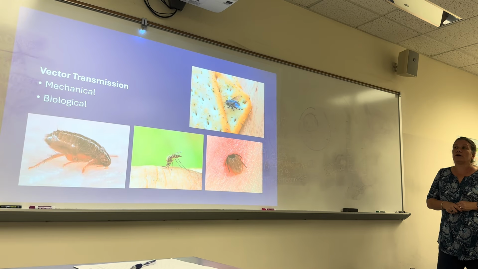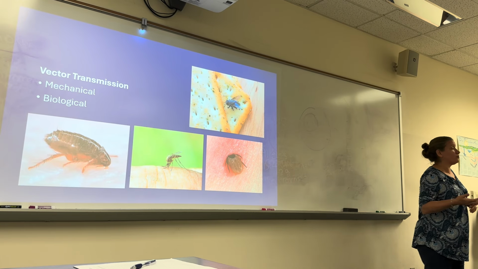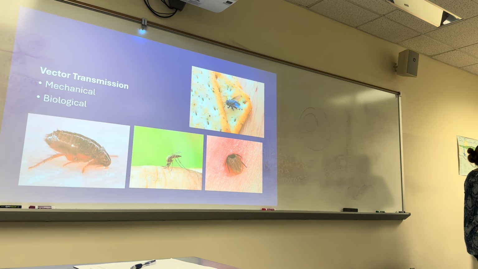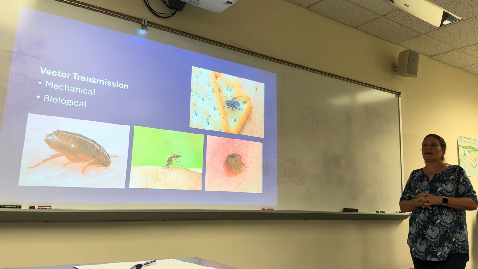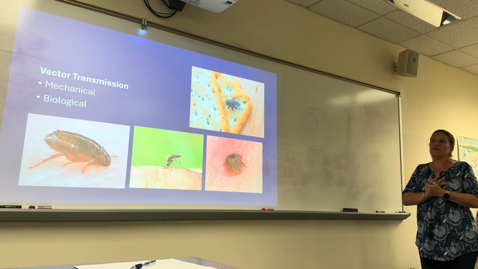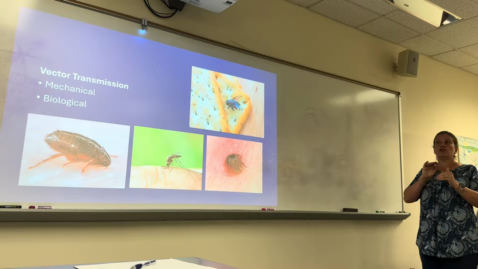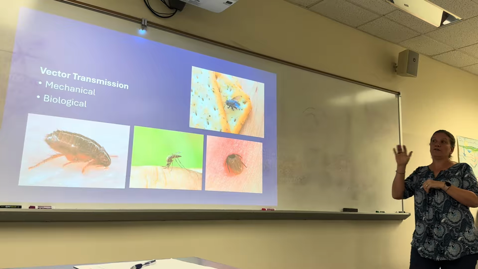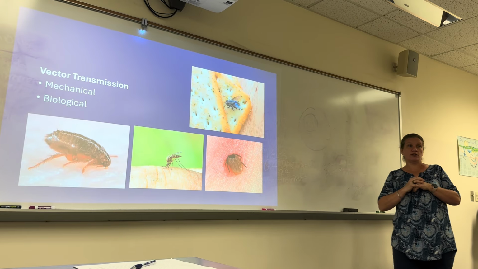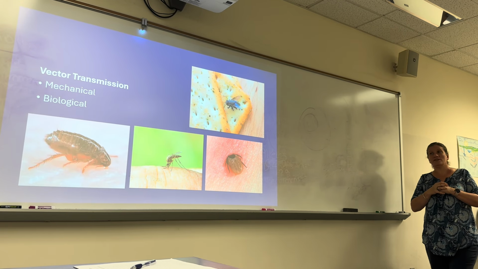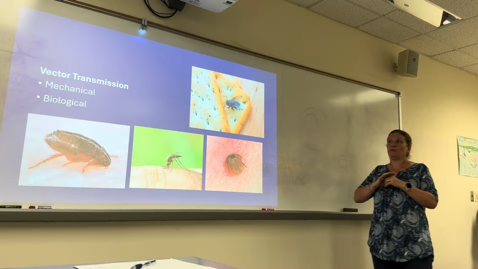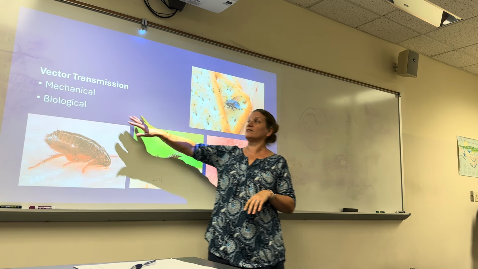These vectors tend to be some sort of insect that moves from one place to another. And so you have different types of vectors. They fall into two categories. You have your mechanical and you have your biological. And you say, well, the biological, of course, are the living ones. No, that doesn't have to do with that. The term is not to say it's living versus not living.